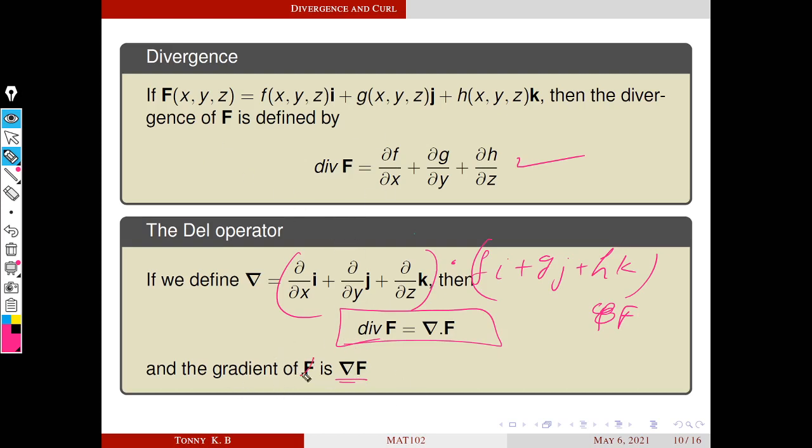In the case of gradient, this is not a vector function. It is a normal real valued function, because we evaluate the gradient for real valued functions, not vector valued functions. The only difference is that f here is a typo; it is not a vector valued function. Then we can denote our gradient by del phi.